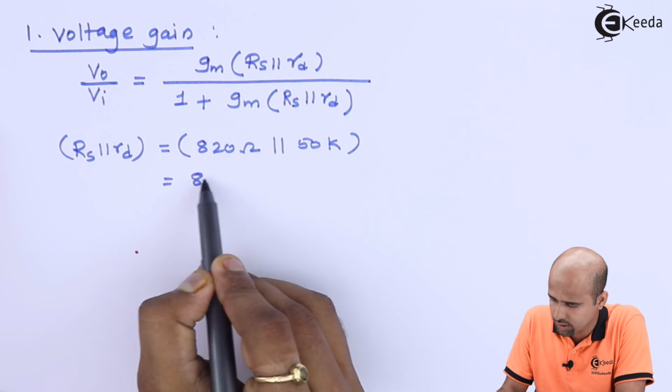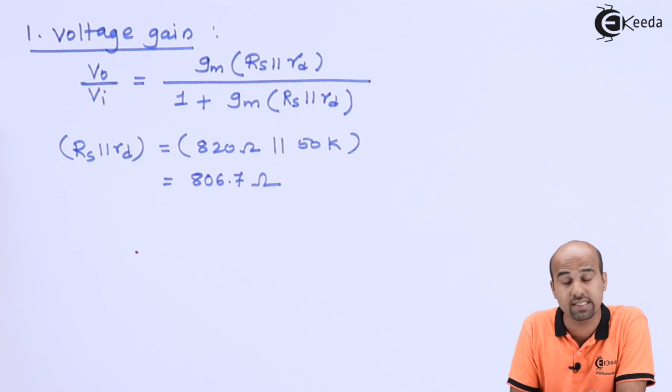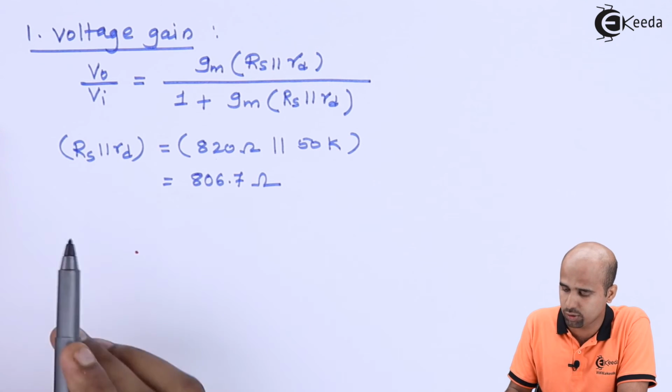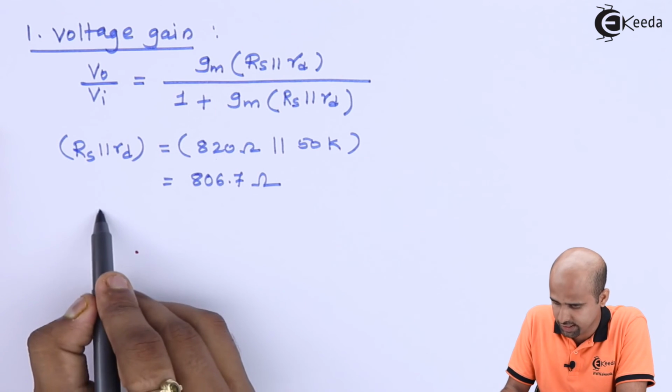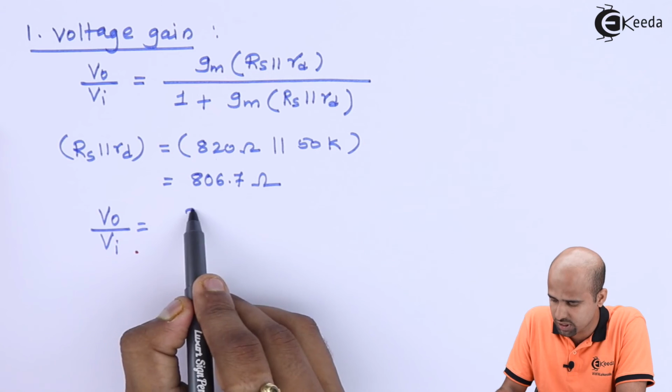This value is 806.7 ohm, less than the least resistor, less than 820 ohm.